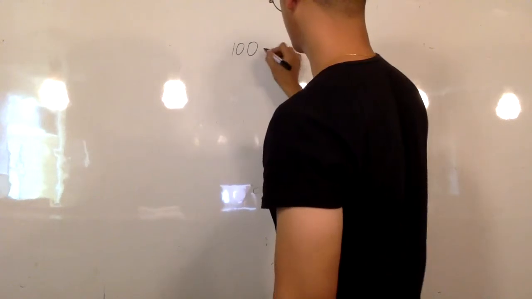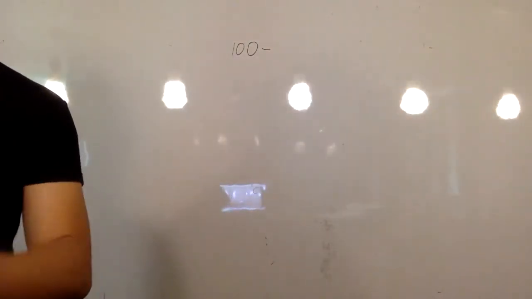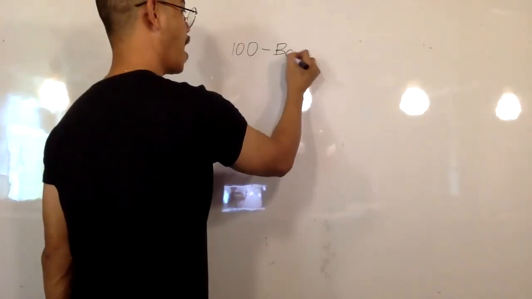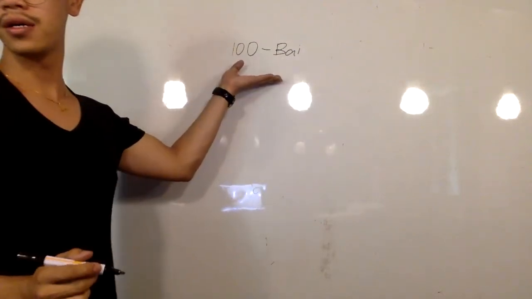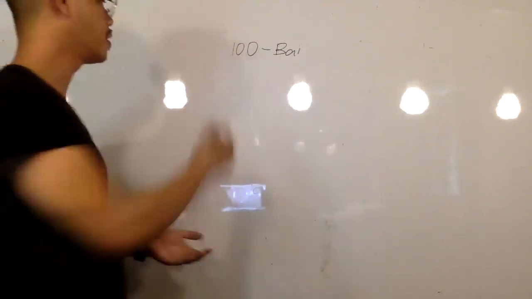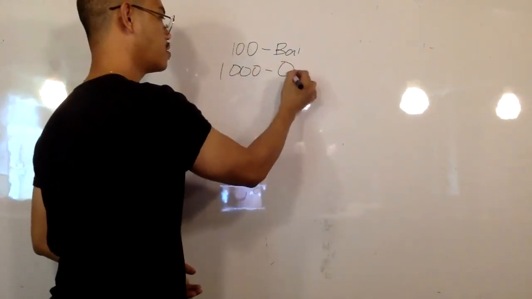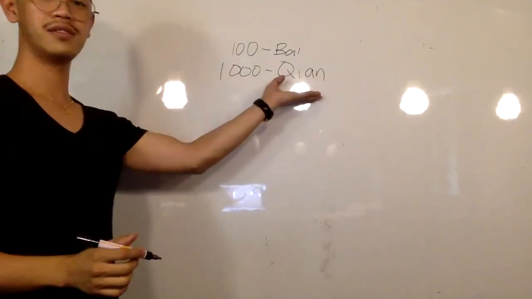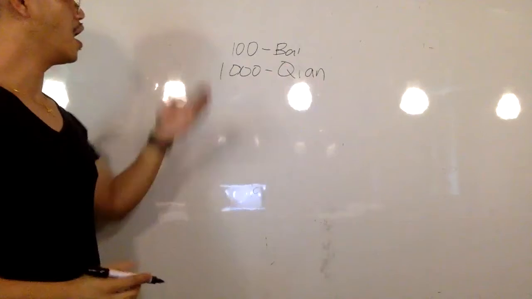How do we say 100 in Mandarin? 100 in Mandarin is bǎi. 1000 is qiān.